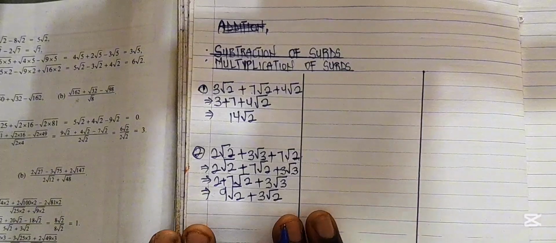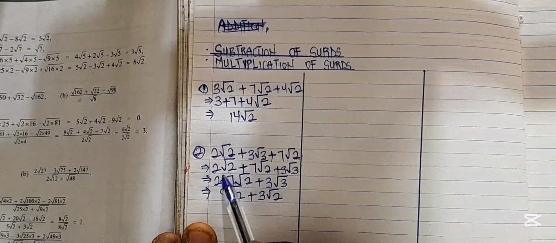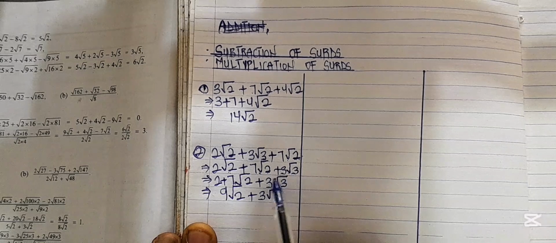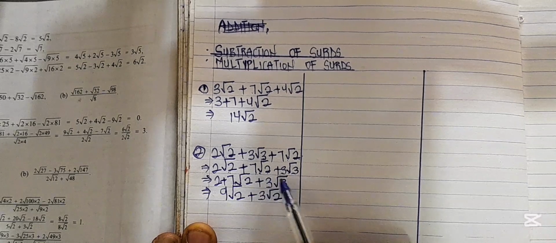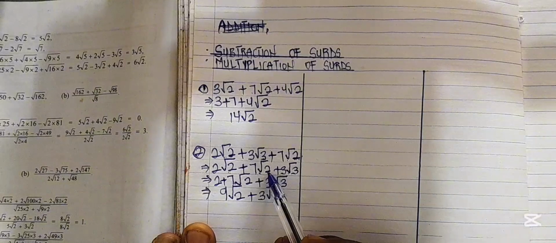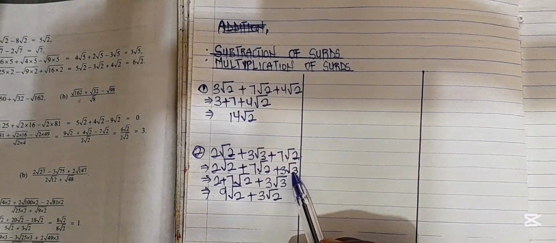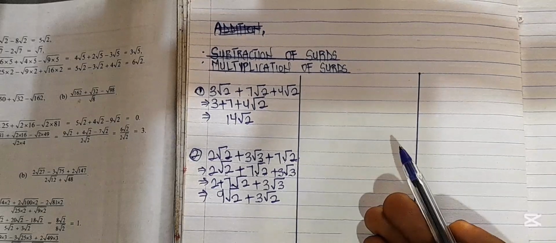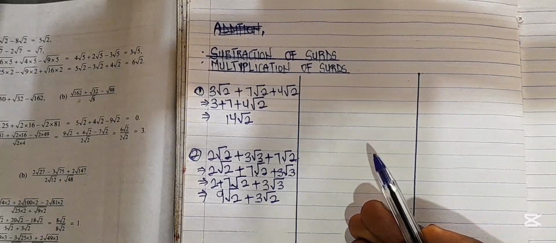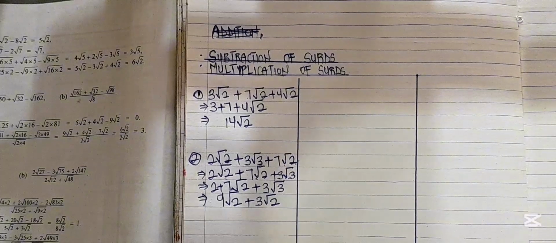This is going to be our final answer. Remember that we cannot add these together because the number inside the root sign of 7 root 2 is different from the number inside the root sign of 3 root 3. Do you get it? These are some of the things I wanted to add to the previous video.